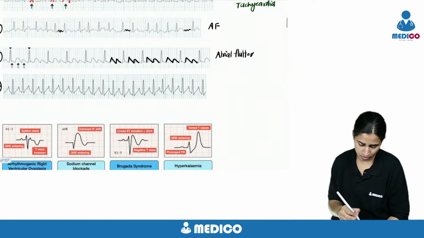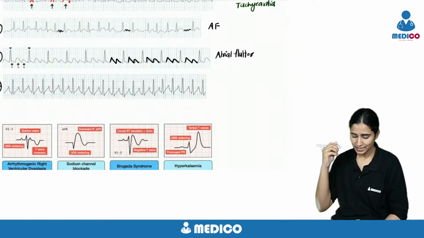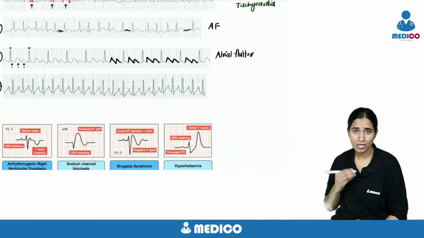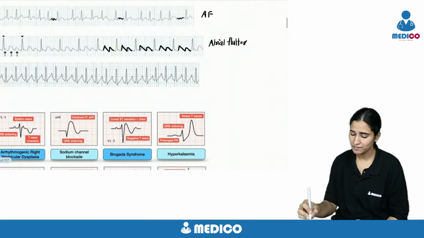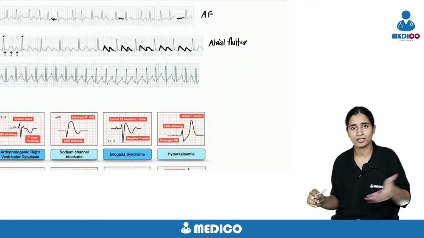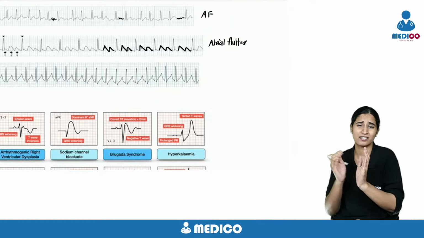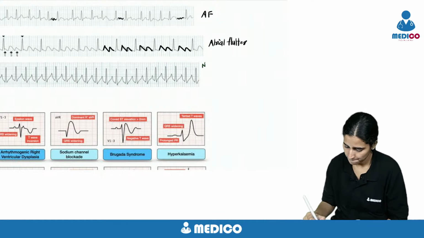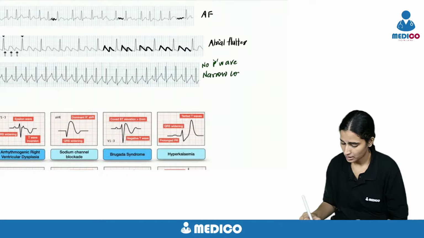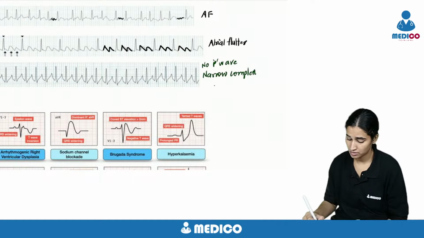Coming to the fourth ECG, I can see narrow complex QRS and there is tachycardia, but there is only a T wave. The P wave is absent. Why is the P wave absent? The P wave is submerged under the QRS complex. Because of tachycardia, there is no place for the P wave to be seen here. No P wave, narrow complex QRS tachycardia.